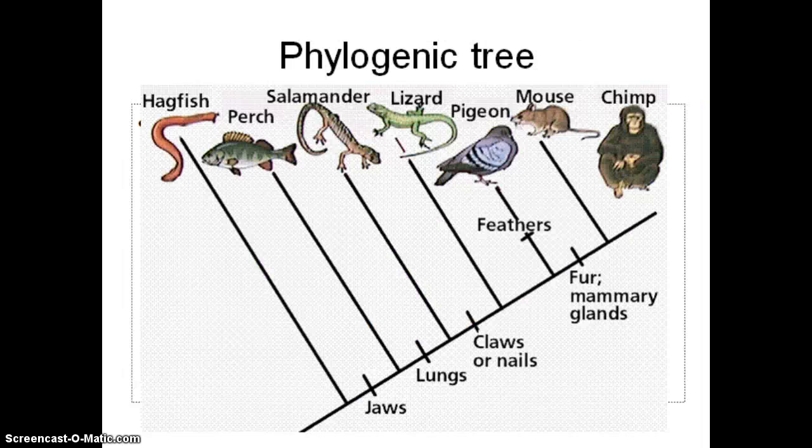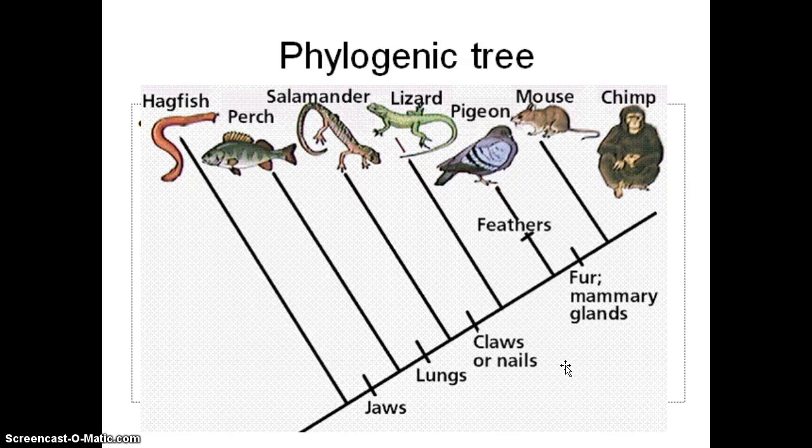This is one example of a phylogenetic tree that's been created, and here they're looking at structures, and we can see all of these structures listed here. A hagfish does not have a jaw, but a perch does, and a salamander has lungs and a perch does not. So what could we say about a pigeon? Does a pigeon have fur and mammary glands? What do you think?